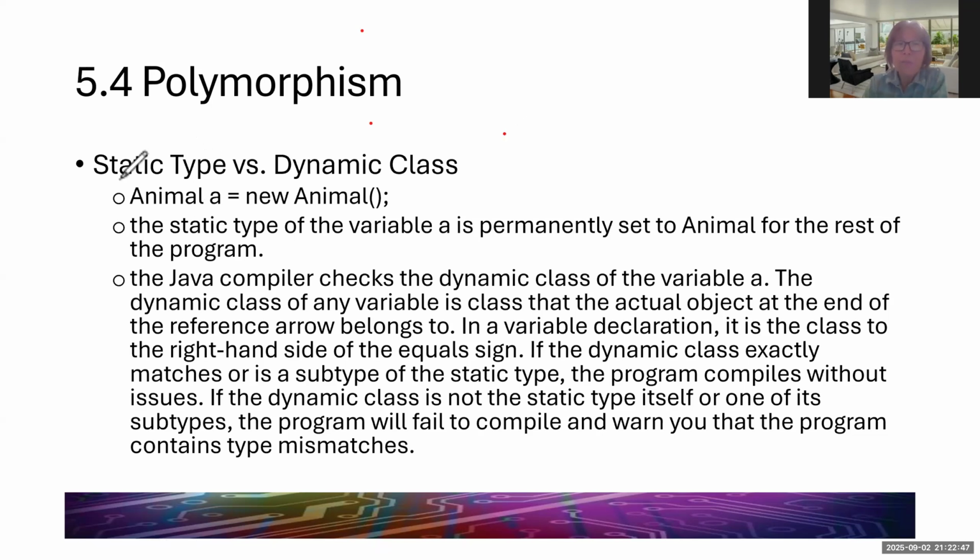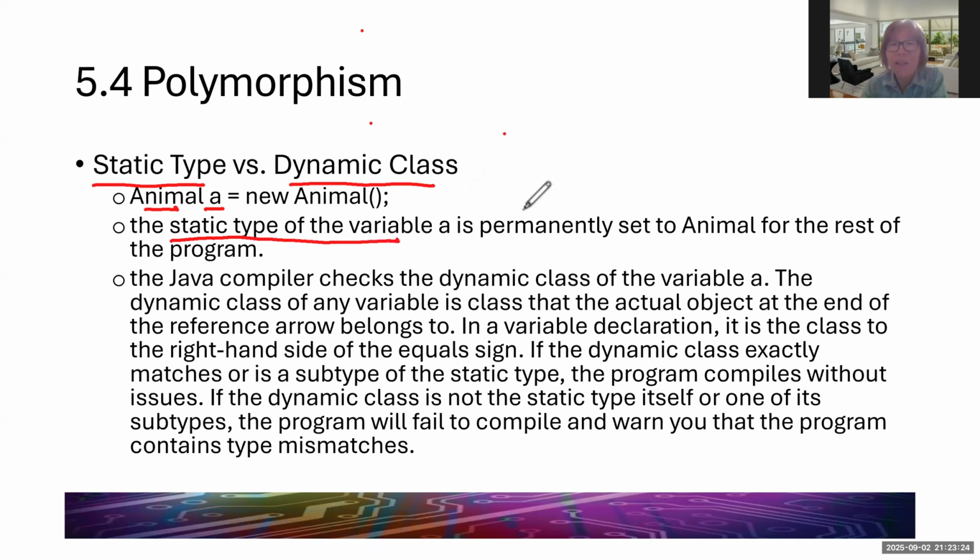Then in Java, when we discuss inheritance relationship and polymorphism, we have a concept called static type versus dynamic class. So what does that mean? In this statement, a is a variable and the type is Animal. That's what we declared, and this type we call the static type of the variable.